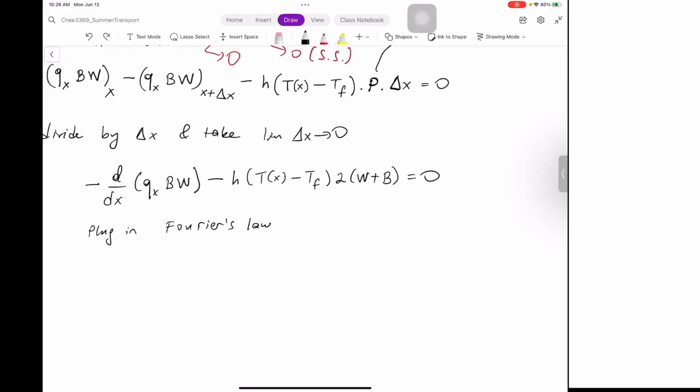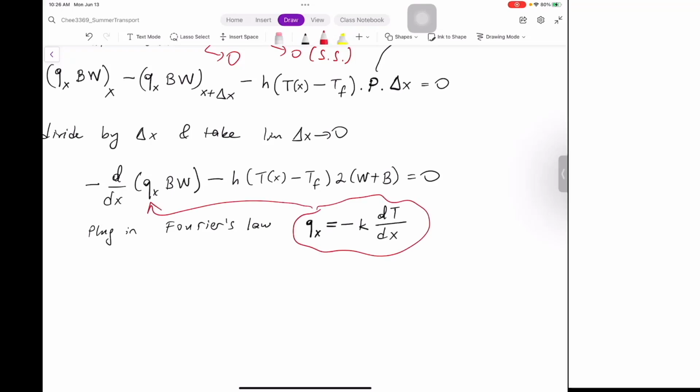Okay. Let's plug in Fourier's law. It gives you Qx is equal to minus conductivity of the fin times dT over dx, right? And let's plug in this here.